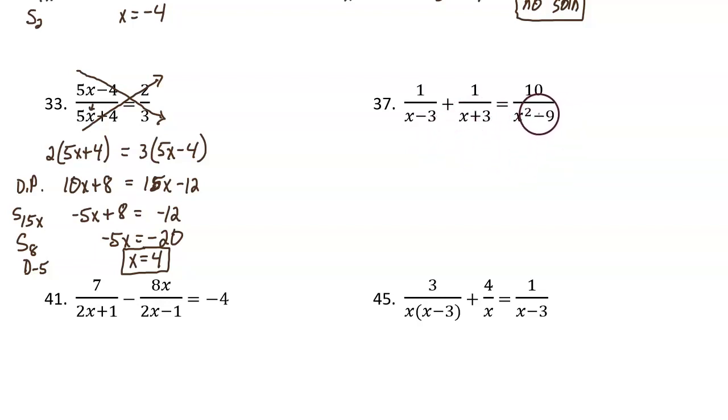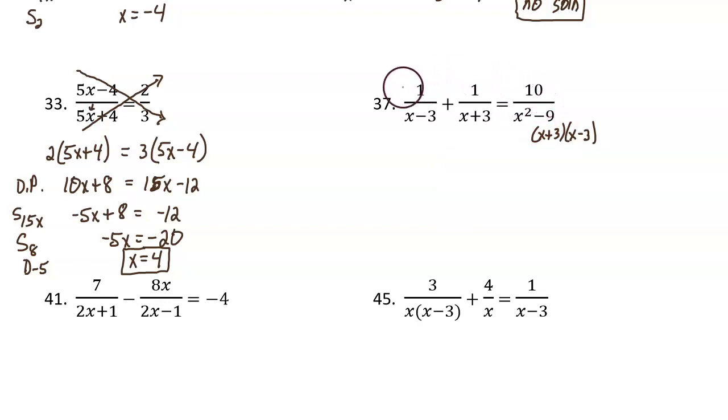Now over here, x squared minus 9, at first glance, this looks like an entirely different thing, but think about what this factors into. X squared minus 9 is the same thing as x plus 3 times x minus 3. If I'm going to create common denominators with x plus 3 and x minus 3, this fraction here already has that denominator.